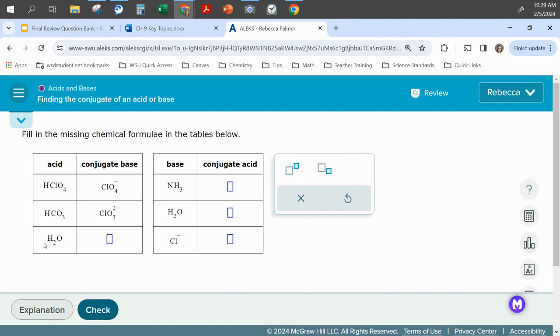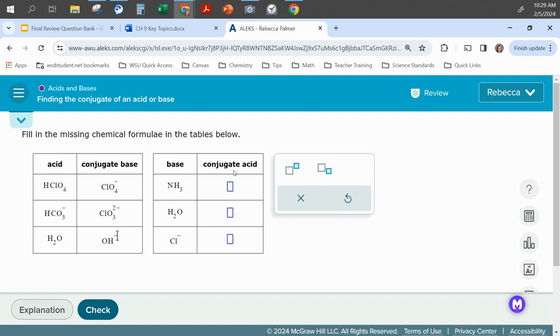Okay, this one gave away a hydrogen. So you have to remember when I write hydroxide, hydroxide is OH minus. So I got rid of a hydrogen, I dropped the charge. All right, next one. This is a base.